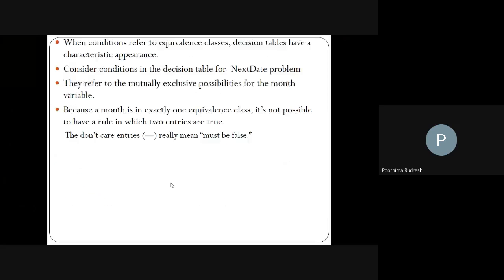So the first case is not a triangle, and in the second case, if it's possible to construct the triangle, then we are considering the values of ABC. Based on the values of ABC, we are going to identify the triangle as an equilateral, isosceles, or scalene triangle. This decision table I explained in the last class. We will use this decision table to construct the test cases that you are going to study now.